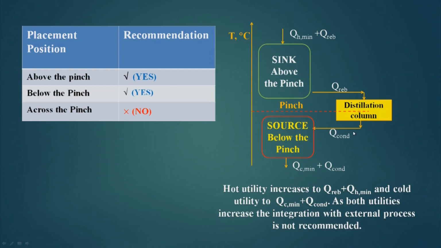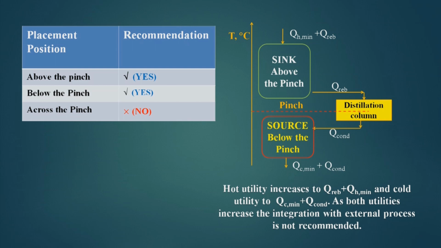But just telling that I should not place it will not solve the problem, because if the distillation column temperature levels are such, Q reboiler and Q condenser are such that it falls across the pinch, then we have to place it across the pinch.